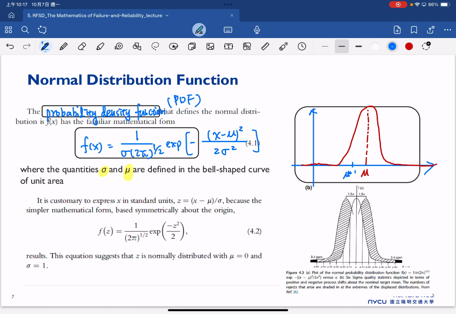So this is mu minus, mu plus, mu minus, mu plus.